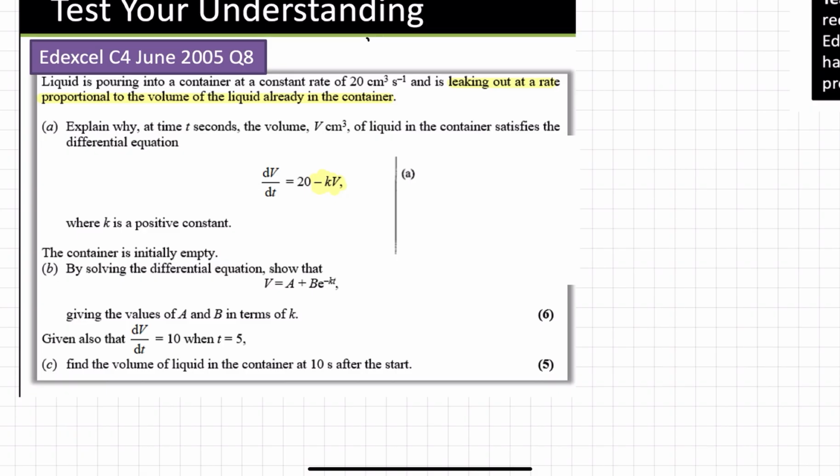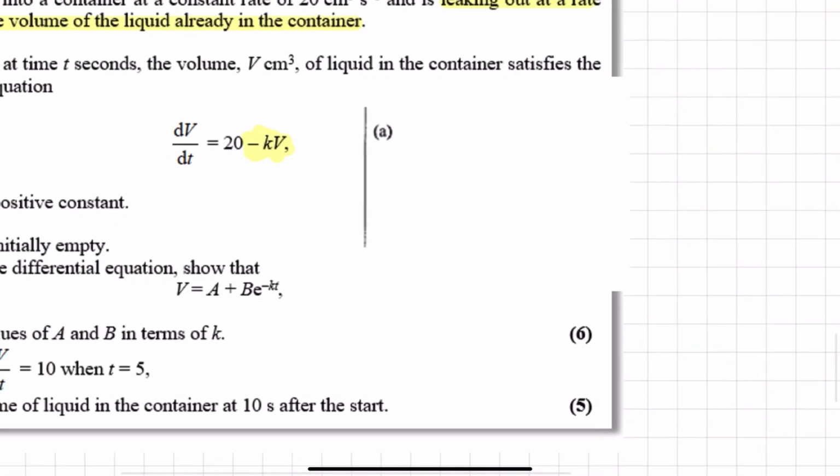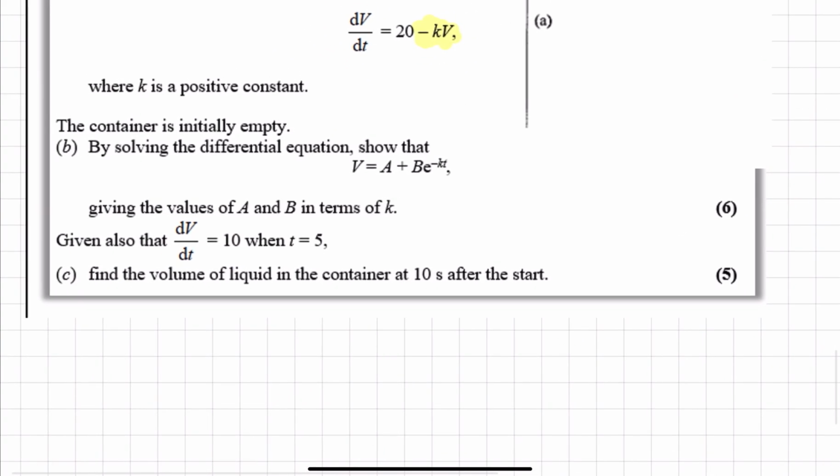Right, part B. The container is initially empty. By solving the equation, show that V equals a plus b times e to the negative kt, giving the values of a and b. Okay, so let's see here. What I'm going to do is divide both sides by 20 minus kV.